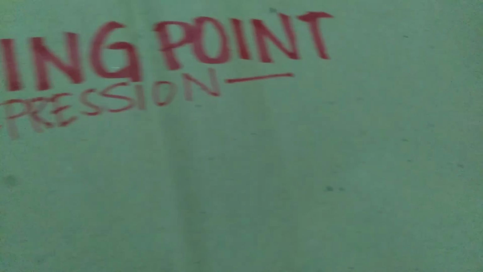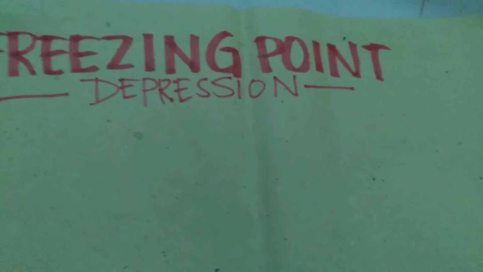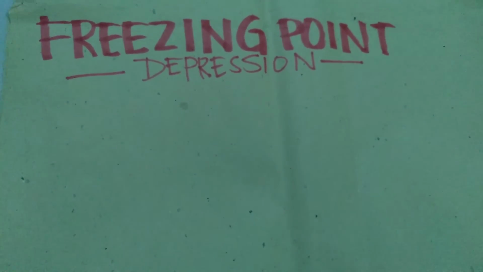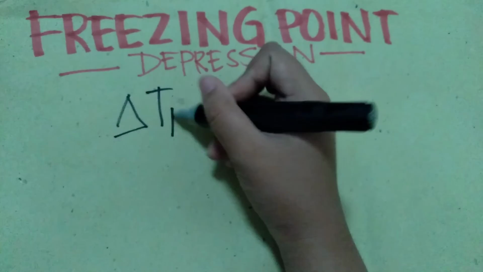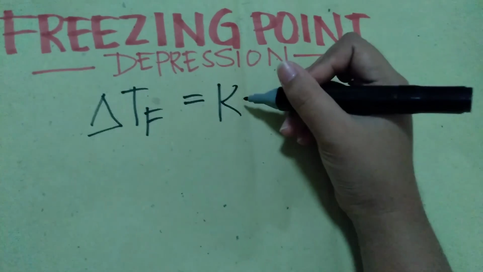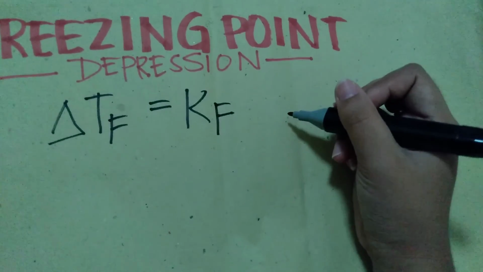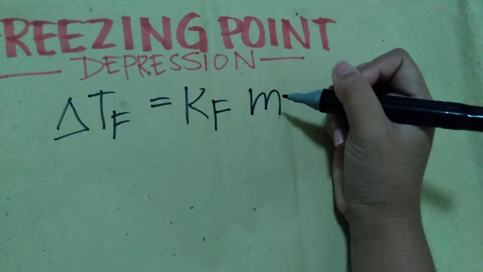And we have solved for the boiling point elevation, and now let's calculate the freezing point depression. The formula for this is delta T is equal to the molal freezing point depression constant for the solvent multiplied by the molality of the solution.